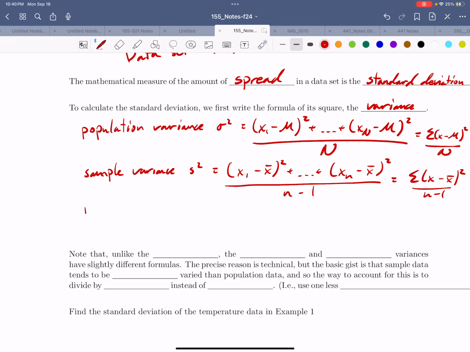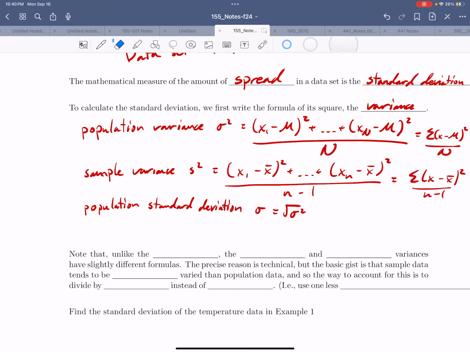But just to be clear, the population standard deviation is denoted sigma, and of course it's the square root of sigma squared. You might have guessed that when you saw that it was denoted sigma.